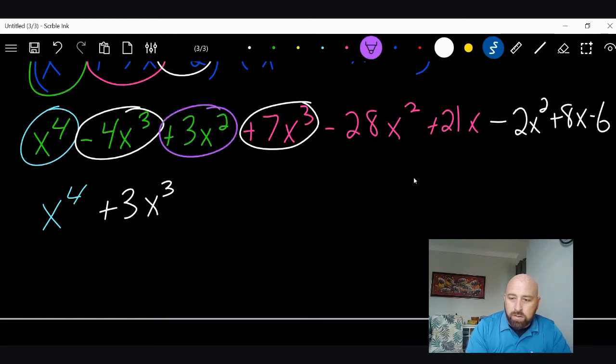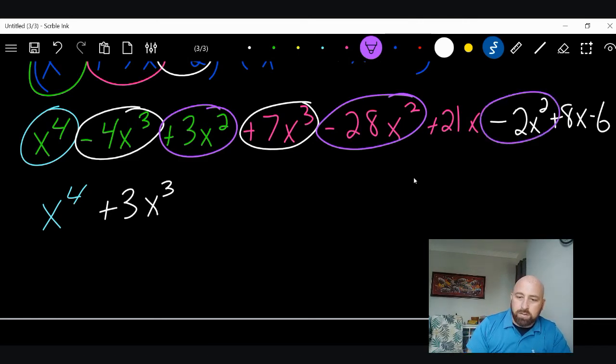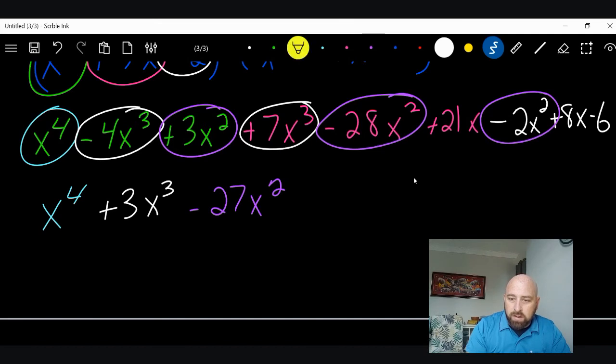So there's an x squared, there's an x squared, there's an x squared. And so now I'm going to get 3 minus 28, so that's minus 25, minus 2, minus 27. Minus 27x squared. Let's see, find another color here. And then I'm going to see the x terms, and I'm going to get 29x.